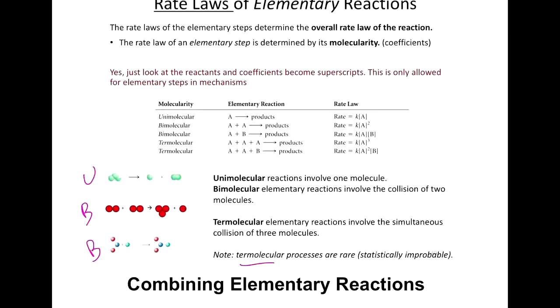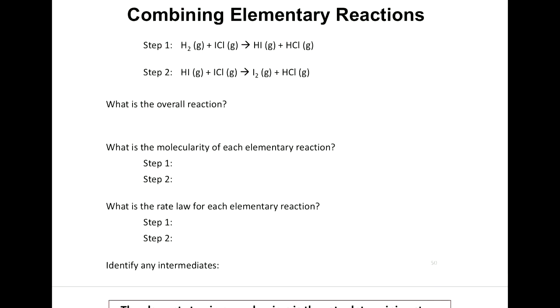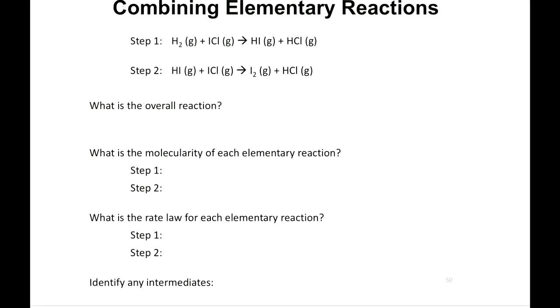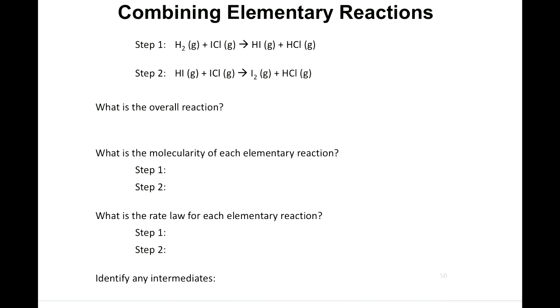Now with elementary steps, we can, in fact, just turn those coefficients into exponents. So let's do that. Here I give you a mechanism for a reaction. Here are the individual steps, and each of those steps is an elementary reaction. First, let's get the overall reaction. How do we do that? Just add it up and cancel some stuff out. I like to think what cancels.